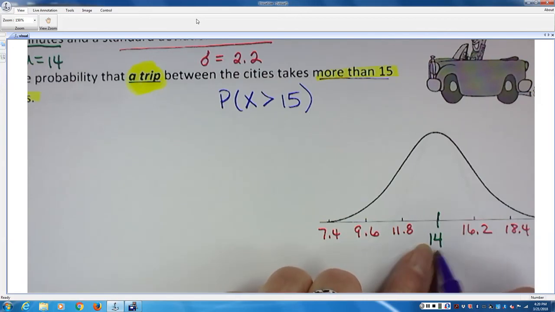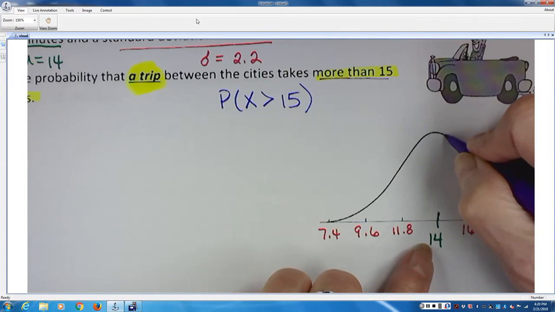Okay, here's 14, here's 16.2. 15 would not be very far from the center.